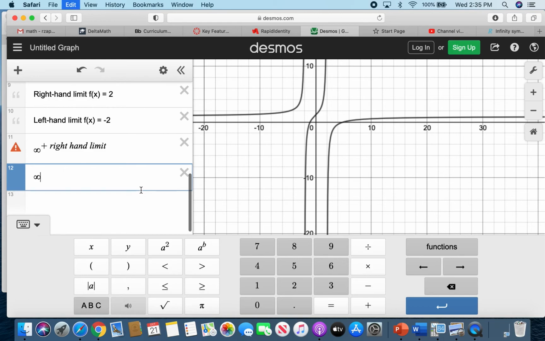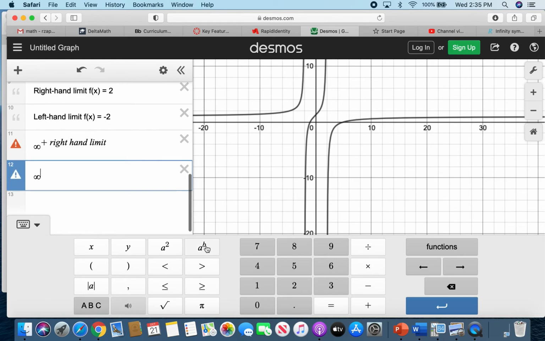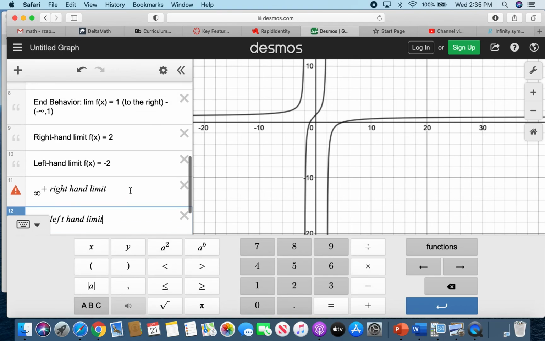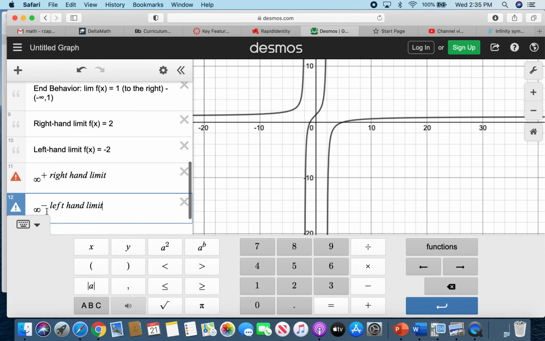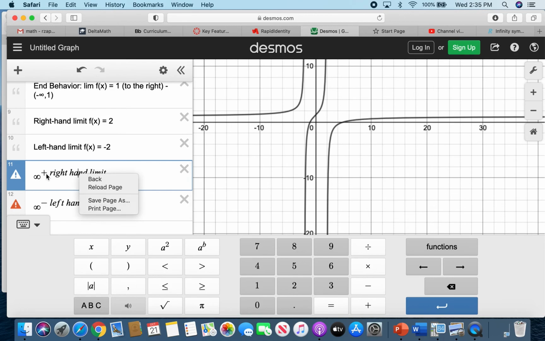This one now is the symbol for the left-hand limit. It's different from end behavior, where the sign for the negative is before. When it comes to the right-hand limit, the sign of the positive is after.